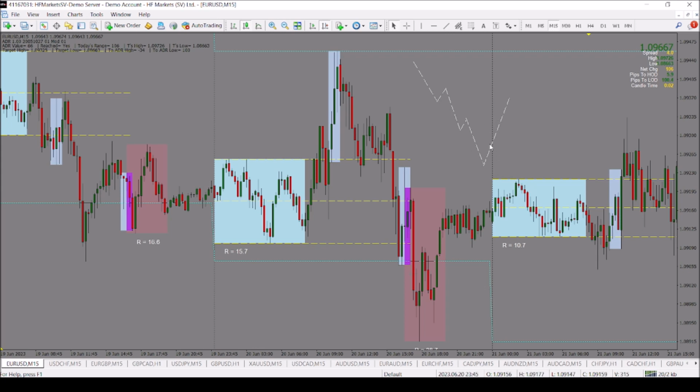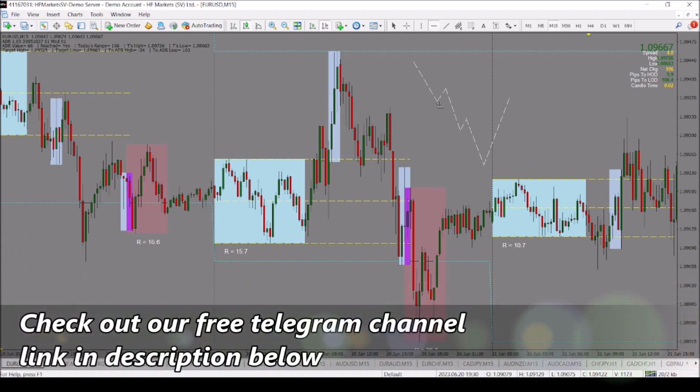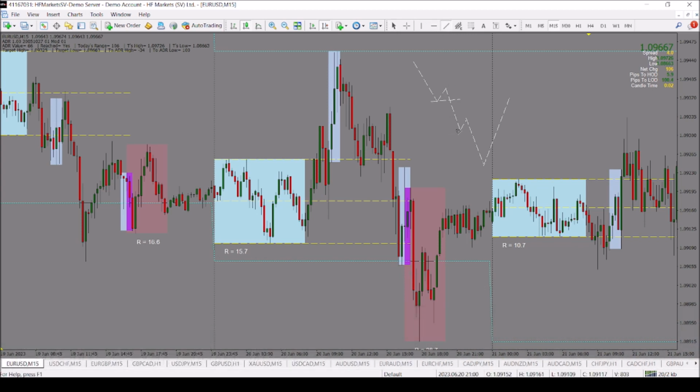This must also be done by seeing a break of market structure twice, this was a break of market structure at this point and another break of market structure at this point. If it breaks twice, it means in the US session we'll have a reversal with high probability.